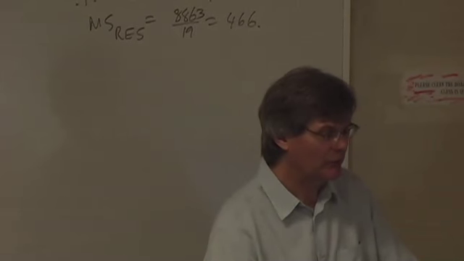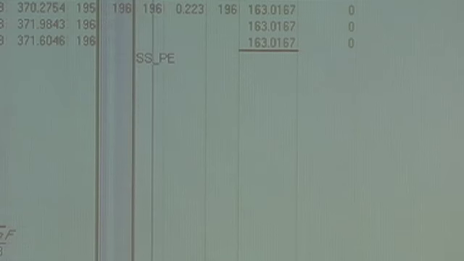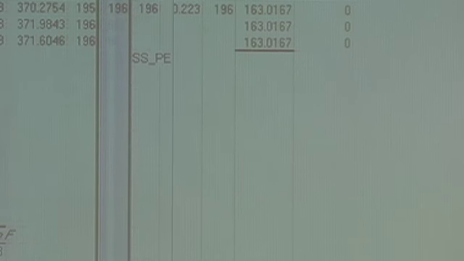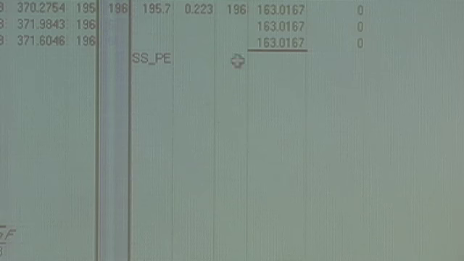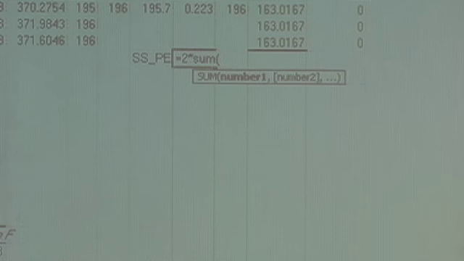For SSPE, I'm pooling sums of squares. So that will be equal, therefore, to twice the sum of all those.